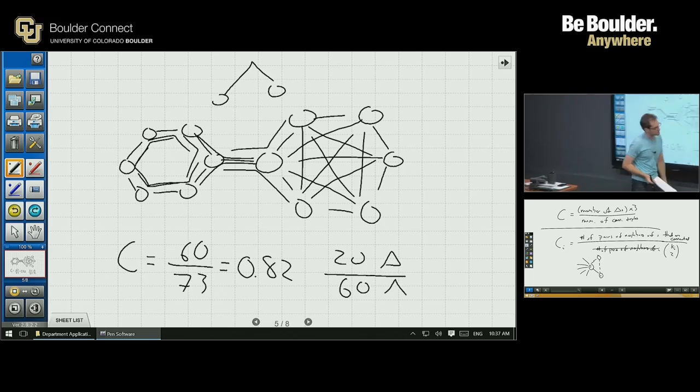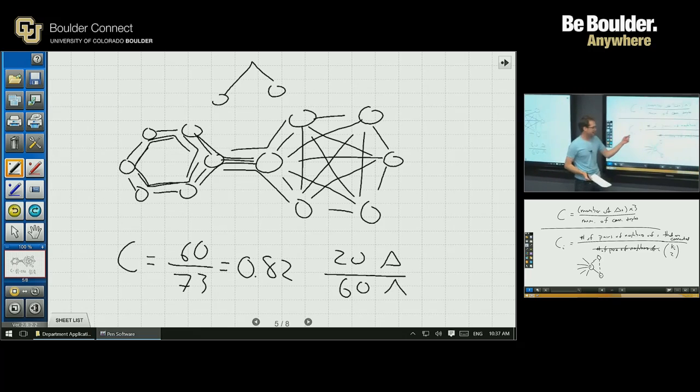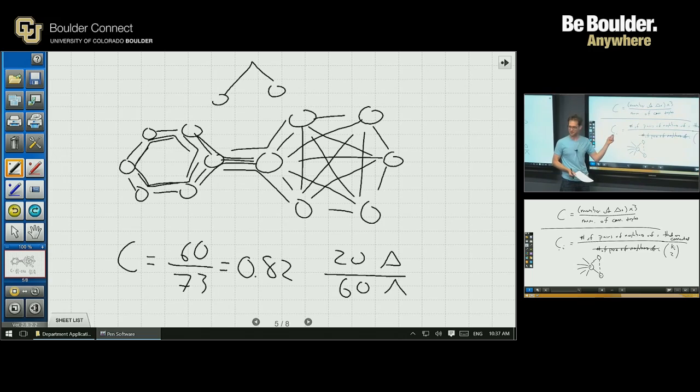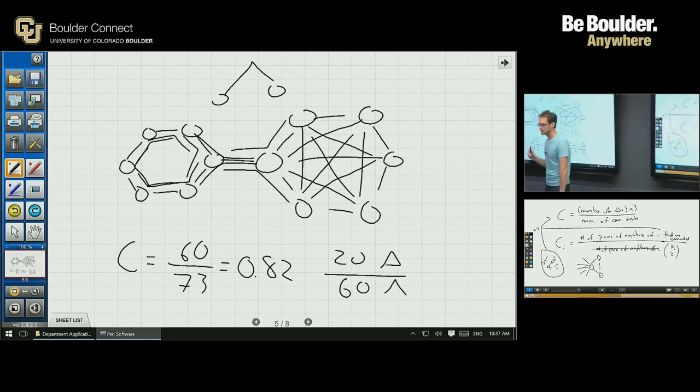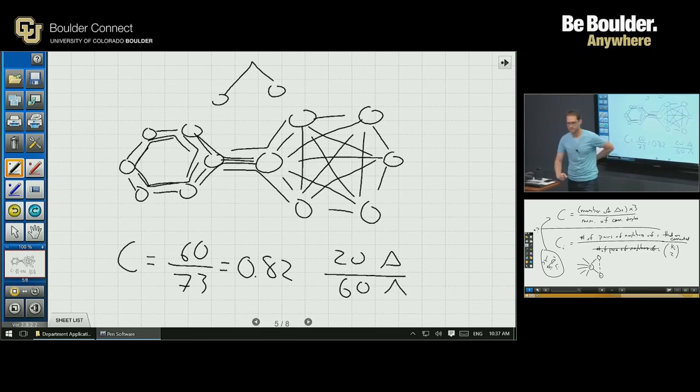Okay. If you wanted to average this thing over all the vertices, you would say, 1 over n, the sum of c_i. So you can compute an average local clustering coefficient. And here's a question. Is this equal to that? Maybe.